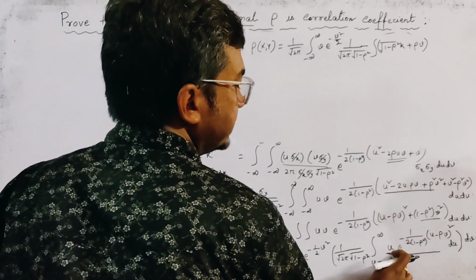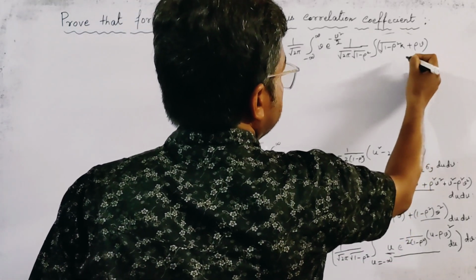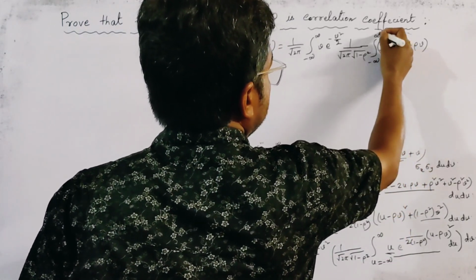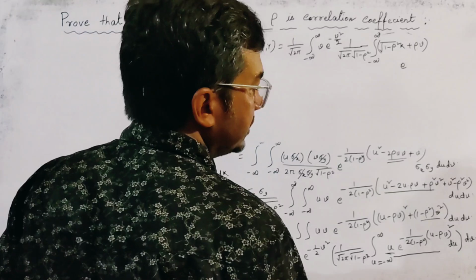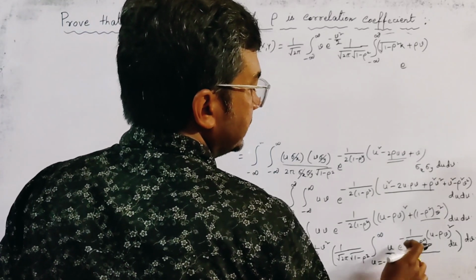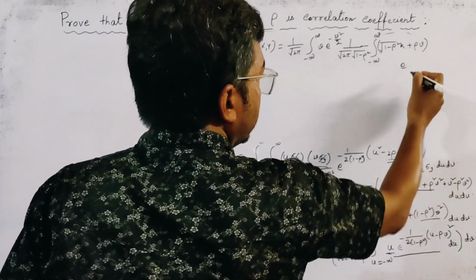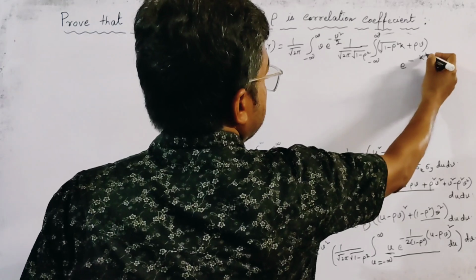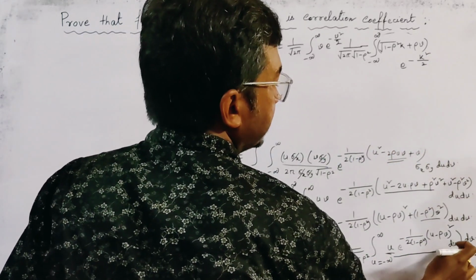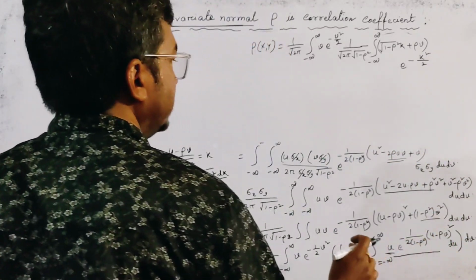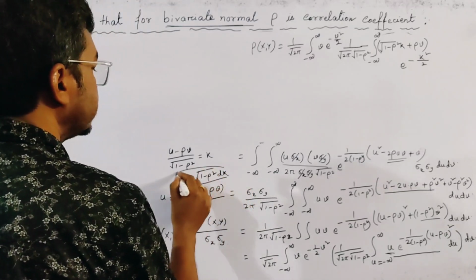Okay, and here we write, this is minus infinity to infinity, e to the power minus k square by 2, and the value of du is this.